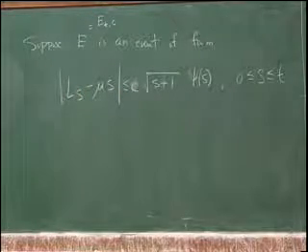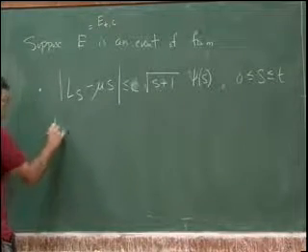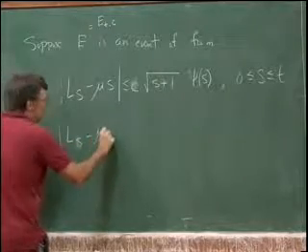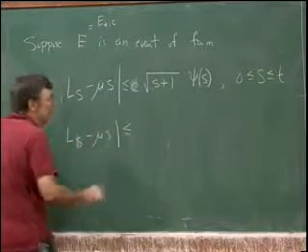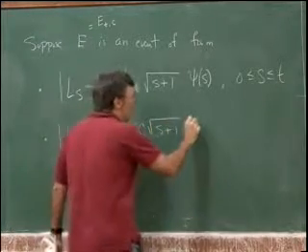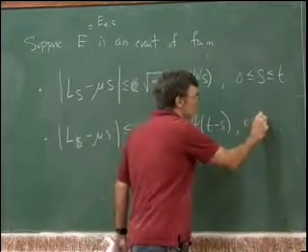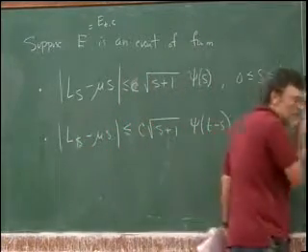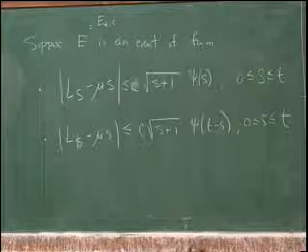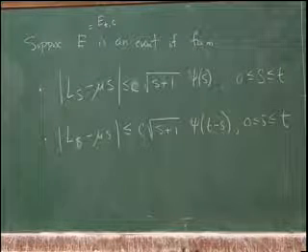Okay, and I'm not finished with this event yet. I also want that L_s minus mu s is less than or equal to a constant times square root of s plus 1, times c(t minus s). When one's really doing second moment estimates, one often needs things up to constants.